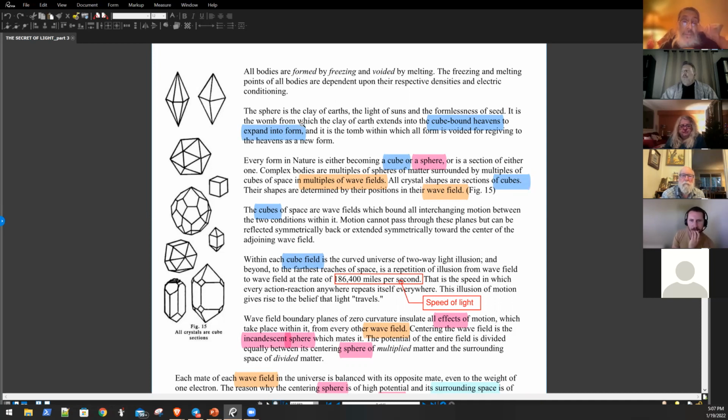It is the womb from which the clay of earth extends into the cube, again, blue, female, negative, bound heavens, to expansion, and its tomb within which all form is voided for giving to the heavens as a new form.